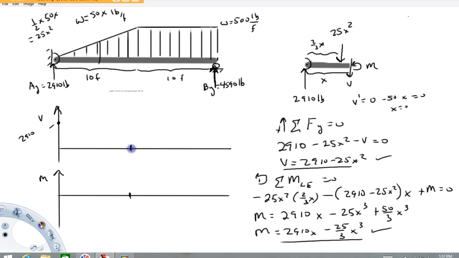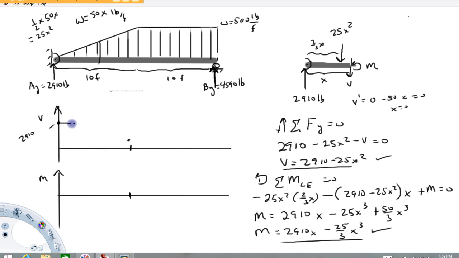Another point I'd like to get is right here at x equals 10 feet. Let's see, if I run a 10 through this, that's going to be 2910 minus 2500. And we're going to get positive 410. So if I go to 10, plus 410, oh, maybe about here is good enough. If I had a lot more room vertically, I could get a lot nicer looking functions. But that's good enough for this.